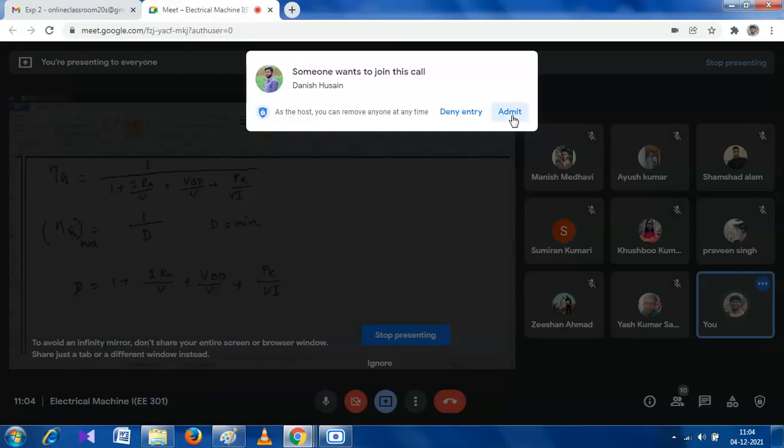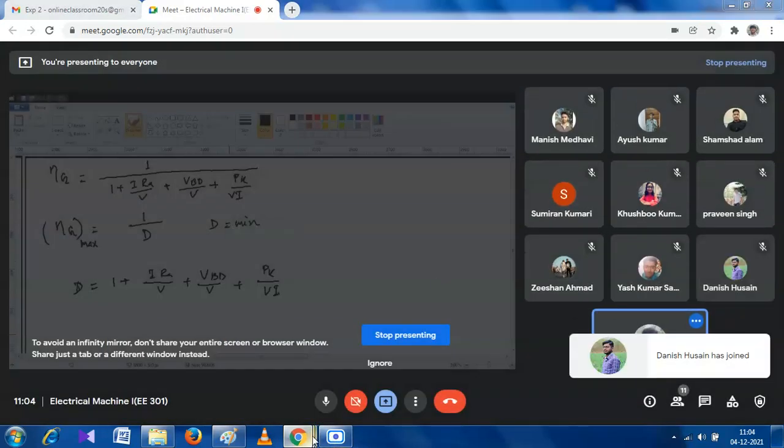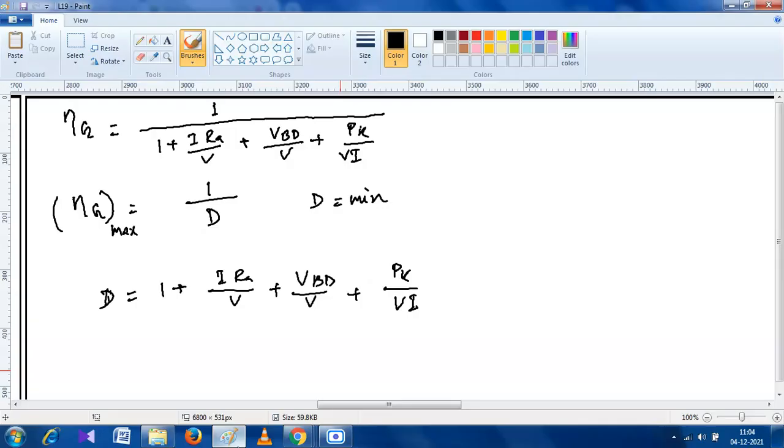So tell me, when the value of D is maximum, or sorry, minimum, what should be the condition? You have learned in mathematics class. Suppose there is an equation D equals 1 plus I Ra by V plus VBD by V plus Pk by VI.